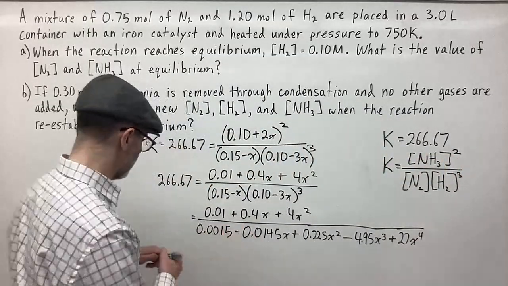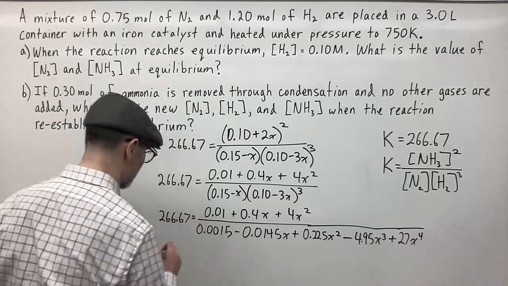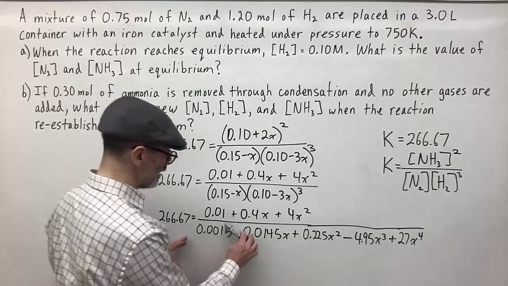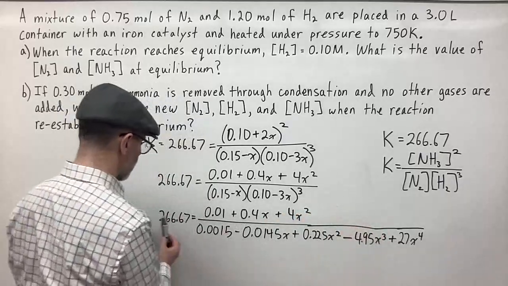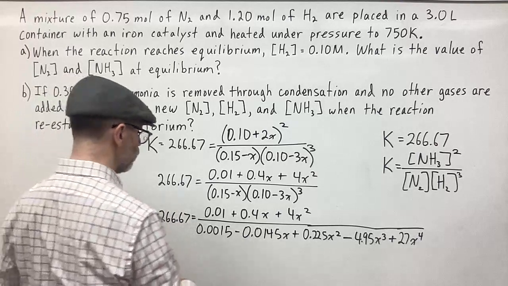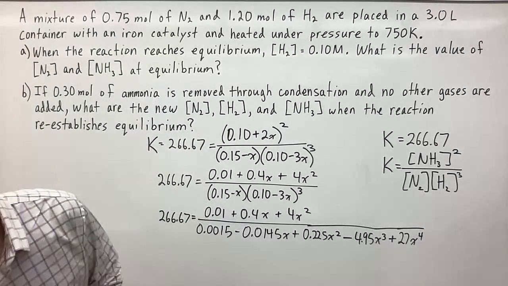So this whole thing is equal to 266.67. And then what you can do is take this bottom part and multiply it on both sides, and multiply it on this side over here. So if I do that, let's see, what do I get?